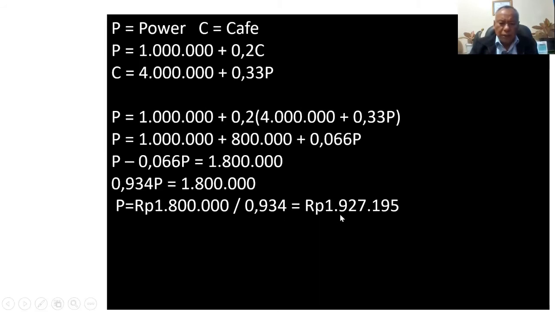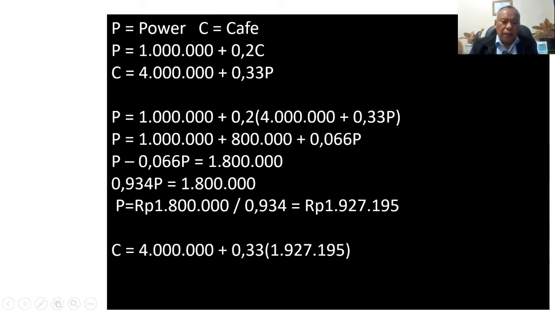So we find 1,927,195. And then next we can calculate the CAFE after allocation. CAFE has the equation 4 million plus 0.33 P, where we replace P by 1,927,195.